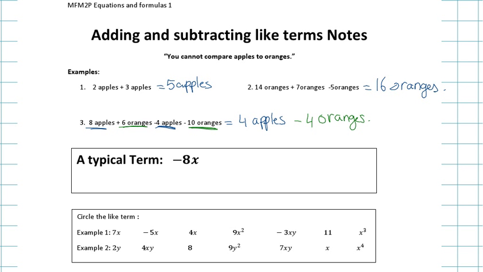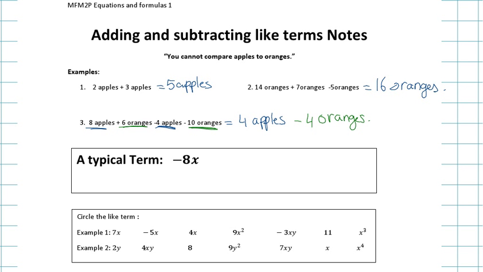Did we add the oranges and apples together? No, we have to stick with the same kind, right? So I was able to add the apples together, I was able to add the oranges together, but I can't add the apples and oranges with each other.